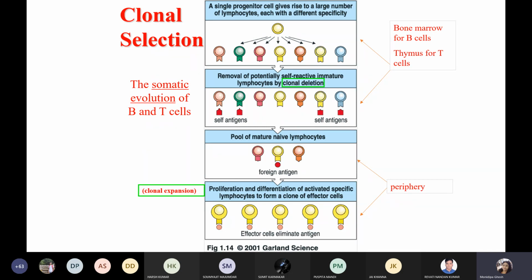If any self product is by mistake represented to the T cytotoxic cell by the MHC molecule, then the brain will check and say no, by mistake you have taken it, or normally no such representation will be given. But in the case of a foreign antigen, the brain decides. We call the brain the sole factor which instructs all the signaling cascades, whether they should be on or off.